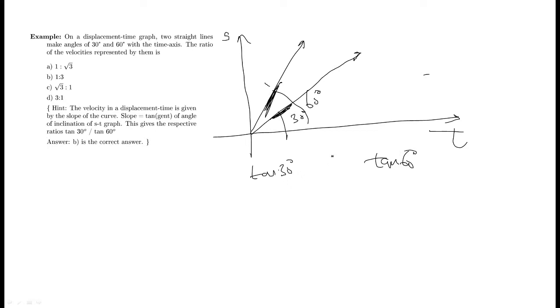So the ratio of velocity would be this ratio. Tan 30 is 1 by root 3, tan 60 is root 3, so this is 1 to 3. So this is the correct answer.